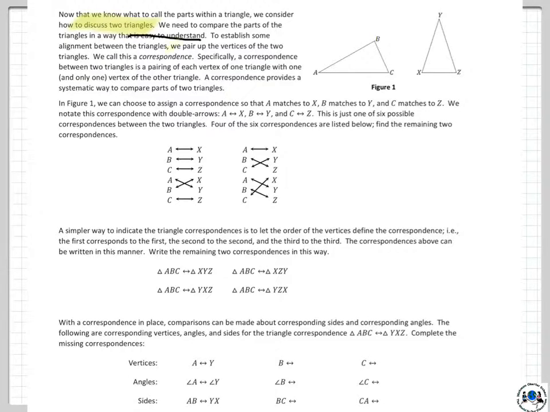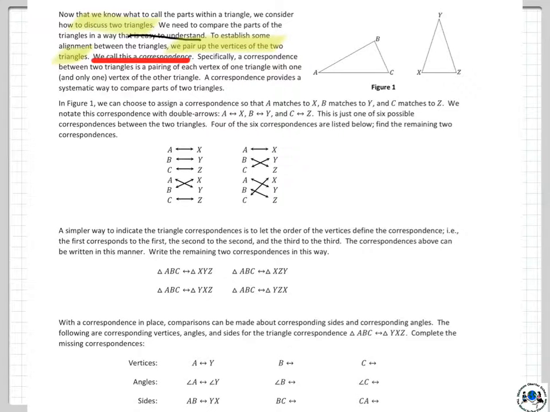Okay? We pair up the vertices of the two triangles. We call this a correspondence. So here's that word, correspondence, all right? This is the correspondence, okay, when we pair up these vertices. And we'll see examples are going to help us out.